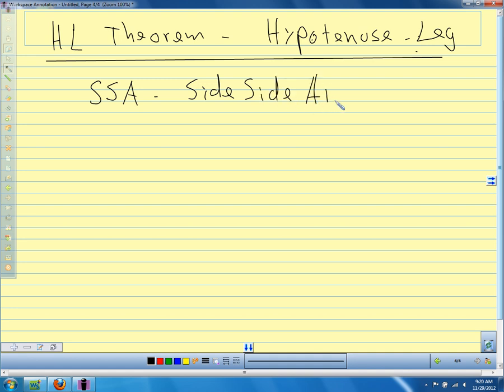Side-side angle doesn't work. So if we have two sides and an angle that are congruent, we can't use that to show that triangles are congruent. And I'm going to put in parentheses here, usually, because in our bubble we're going to talk about the one time that it does.